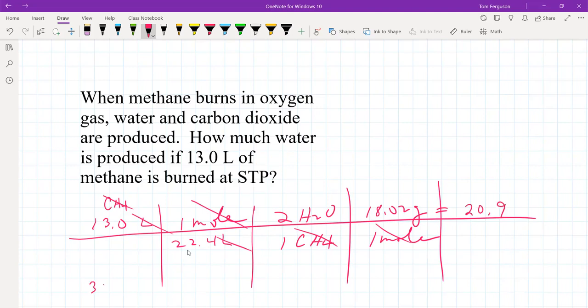So it's going to be 3 sig figs, 3 sig figs, infinite sig figs, 4 sig figs, 3 sig figs.